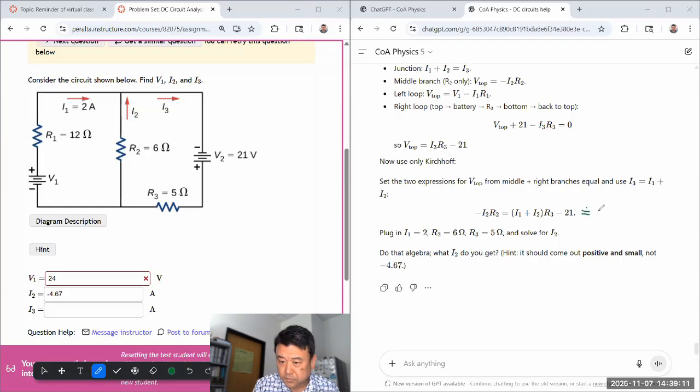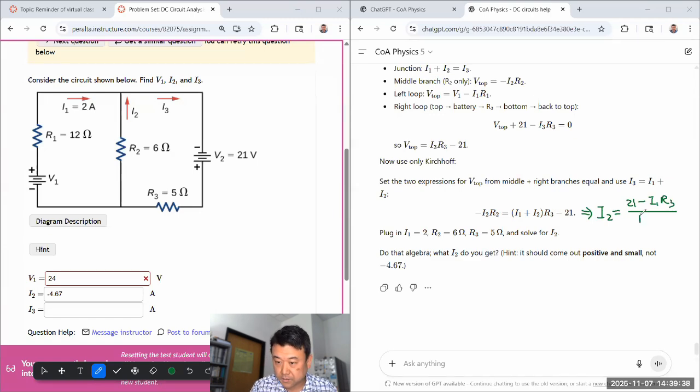So I2 is equal to the numerator stuff collected on the left-hand side, 21 minus I1 R3, divided by R2 plus R3 factored out.